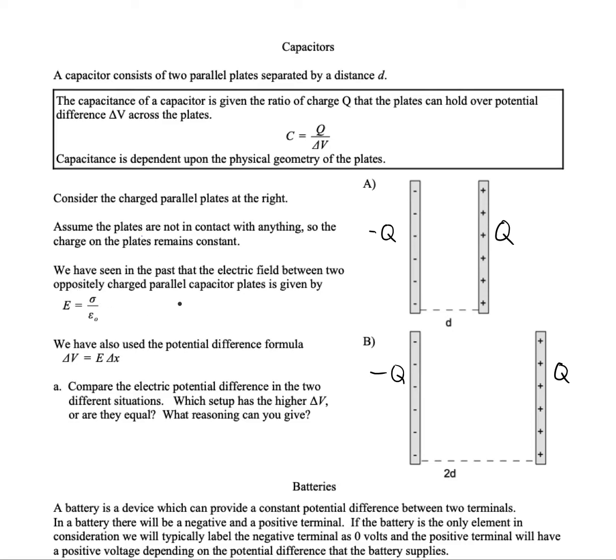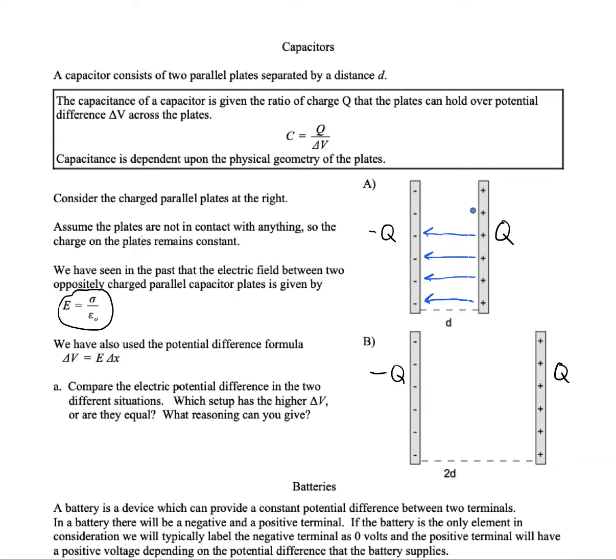If we use the formula for electric field, we can see that the field is not dependent upon the separation between the plates. So we're actually going to have an equal amount of field in both cases.